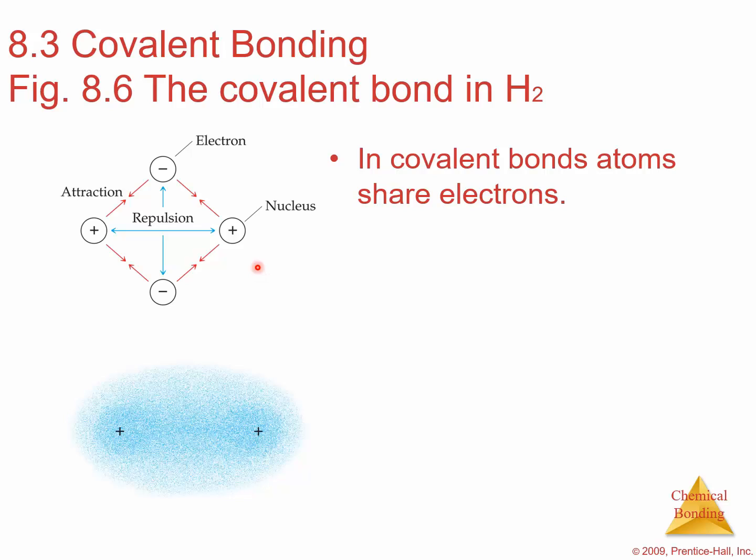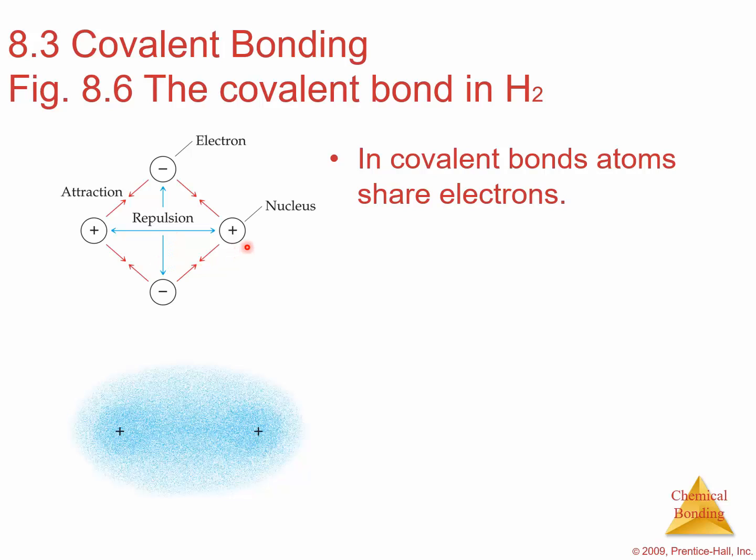Because the molecule is stable, we know that the attractive forces must overcome the repulsive ones. Thus the atoms of the hydrogen molecule are held together principally because the two positive nuclei are attracted to the concentration of negative charge between them.